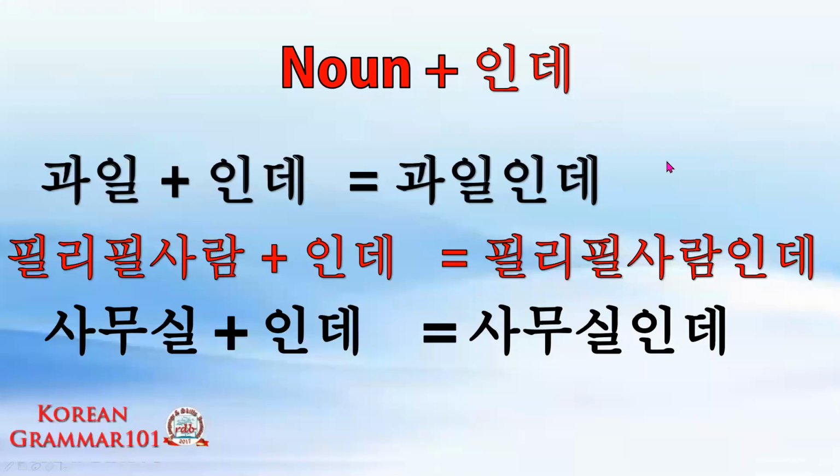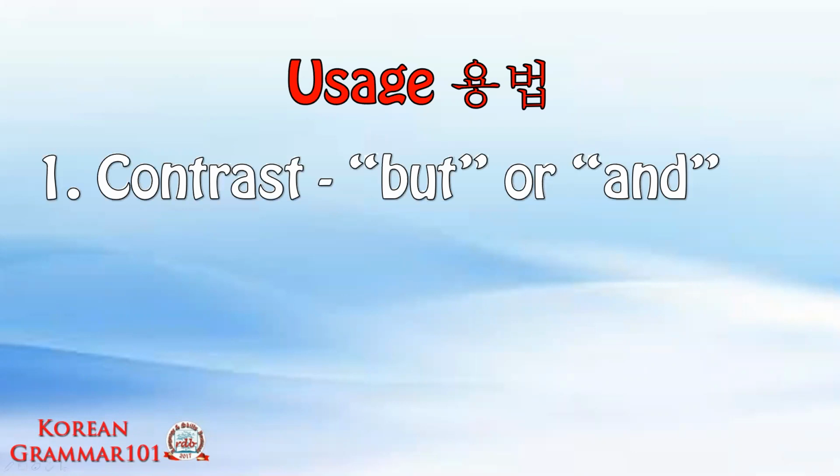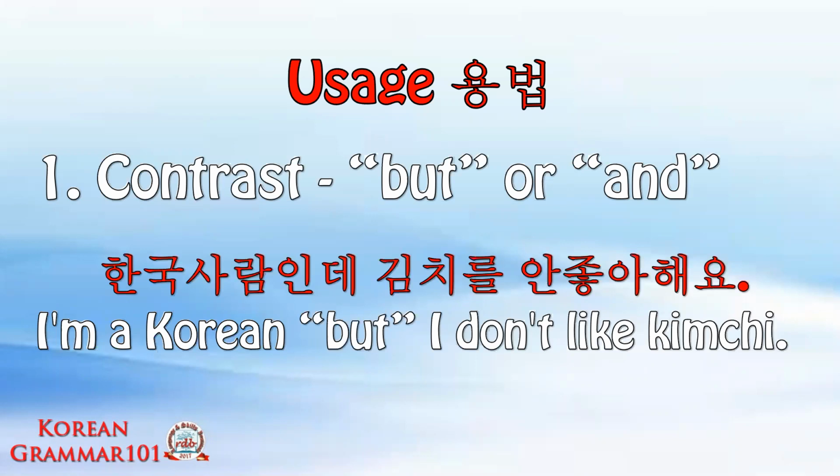Okay, now that we know how to attach inde to verbs, adjectives, and nouns, now we should also know the usage of this inde. The first one is to show contrast. In English, you can say but or and or however. Let's have an example. I'm a Korean, but I don't like kimchi. 한국 사람인데 김치를 안 좋아해요. Take notice that the word inde here means but.